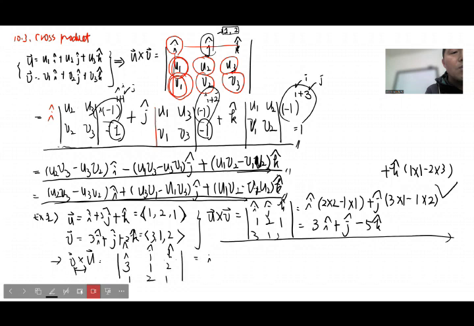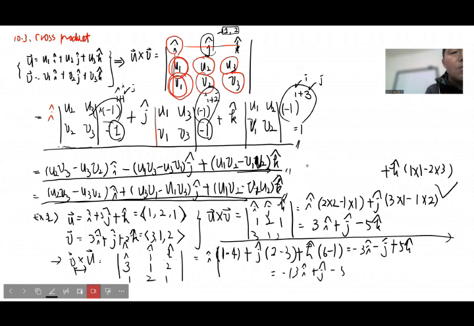Now I is 1 minus 4, plus J is 2 minus 3, plus K is 6 minus 1. So that is minus 3I minus J plus 5K. Now if you take the minus sign out of this, then it's minus of 3I plus J minus 5K.